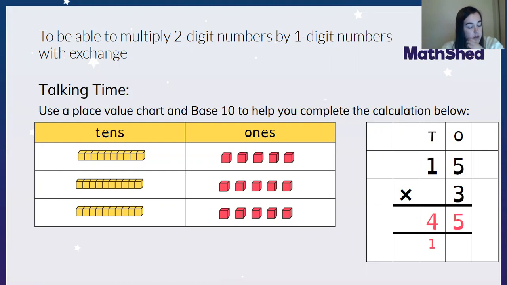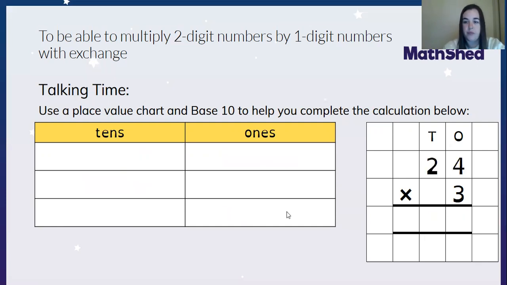Now if you wanted to check, you could count up the 10s. 10, 20, 30, 31, 32, 33, 34, 35, 36, 37, 38, 39, 40, 41, 42, 43, 44, 45. And that's how you can check your answer.